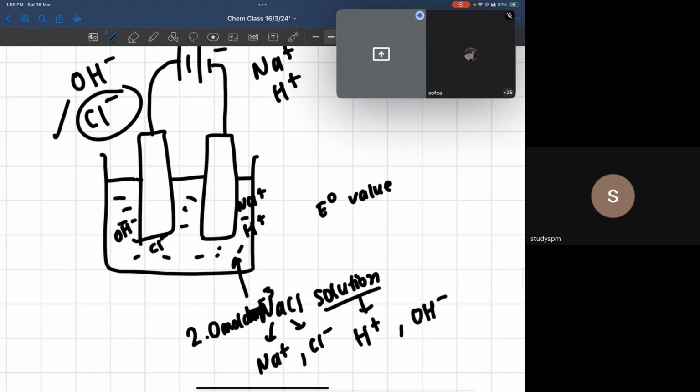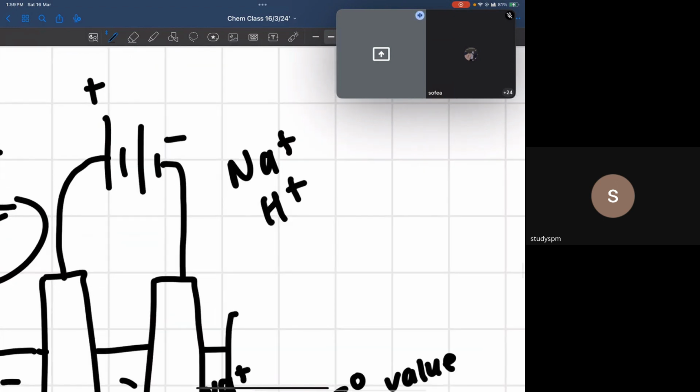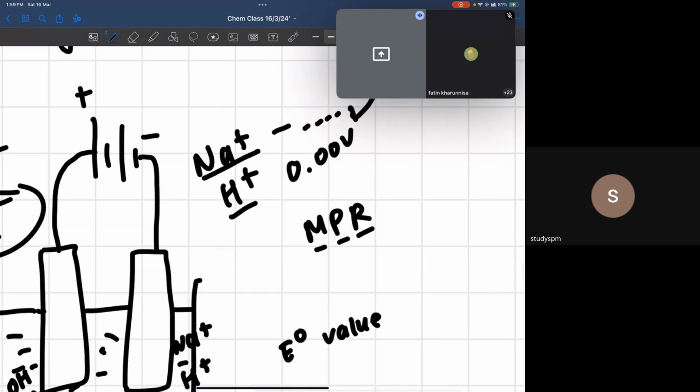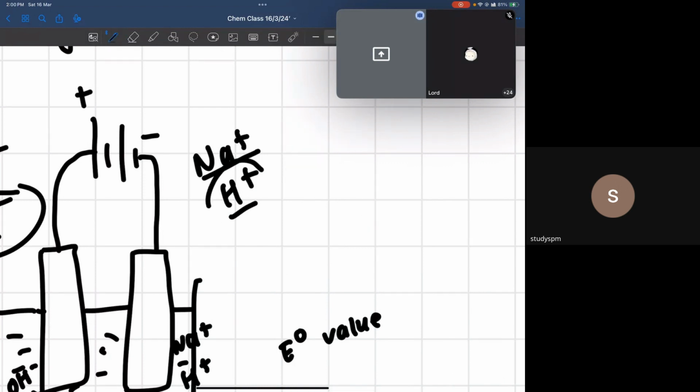To keep it simple, the E value which is MPR, more positive reduction. This one is negative something voltage, and this one is 0.00 voltage. So more positive is hydrogen, so hydrogen will be selectively discharged.